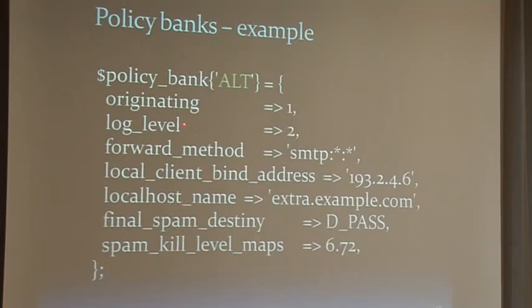For example, it raises log level, it tells mail is originating, it replaces the output address, so when this policy bank is activated, mail goes to somewhere else. Whatever. Spam destiny, let all spam pass through, and here's a replacement kill level, for example.